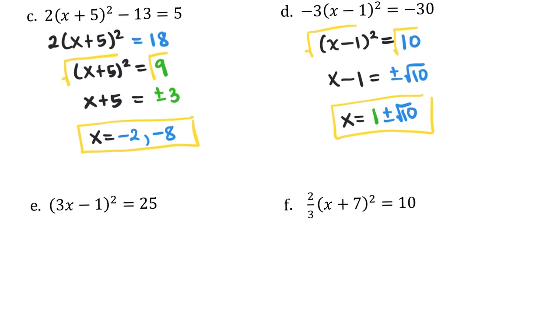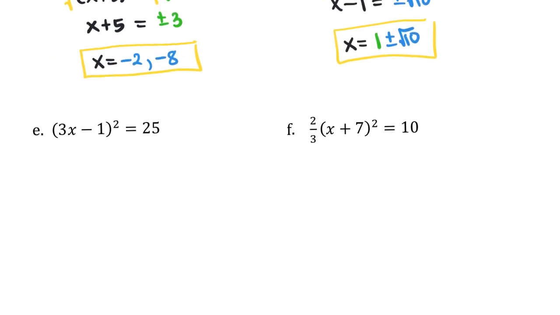And look at the last 2 just because they're fun. Okay, so parentheses squared. We can square root it now. Okay, now I can bring down the parenthesis. Square root of 25 is 5, more negative 5. Okay, what do I want to do now? I'm going to add the 1 over, and we're going to try to do it in our head.